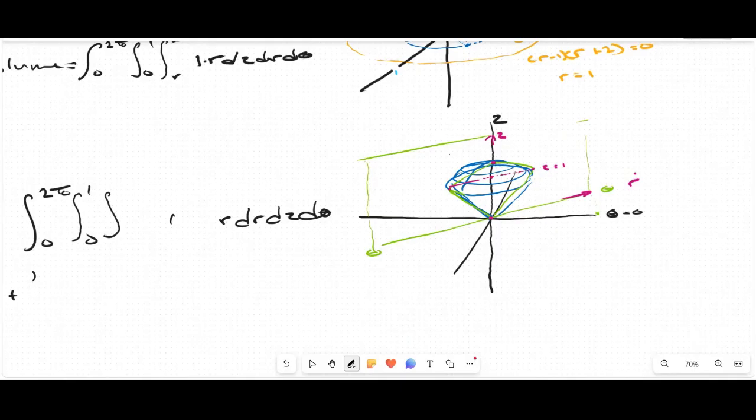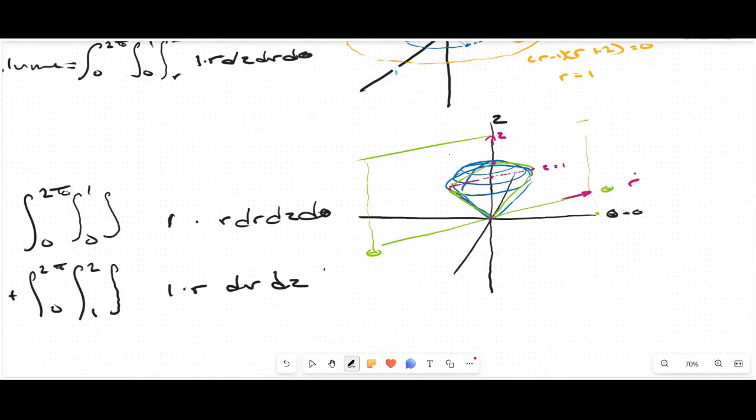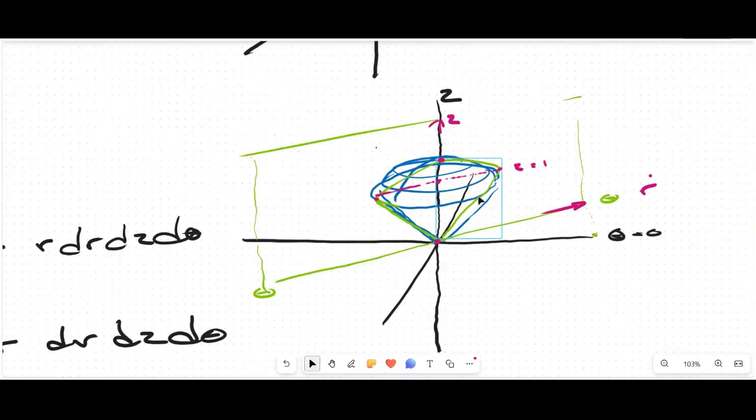And we're going to add in another integral, z going from 1 to 2, with some different bounds on r. What should the bounds be for the 0 to 1 part?